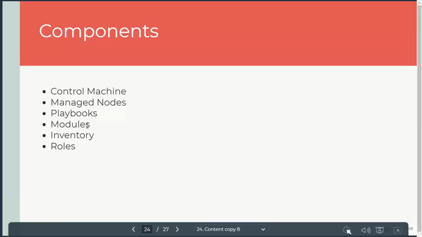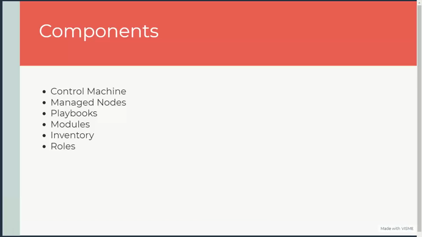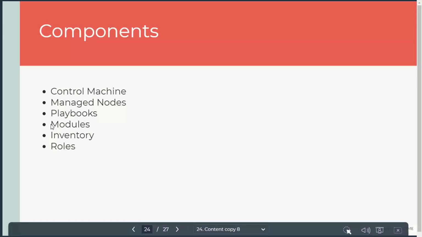Similar to other tools, we have a gallery, and inside that you can search for whatever module you need and find the documentation also. For example, if you want to search for Slack: when a particular event occurs, you want to trigger a message to a Slack channel, so you have to use the Slack module.